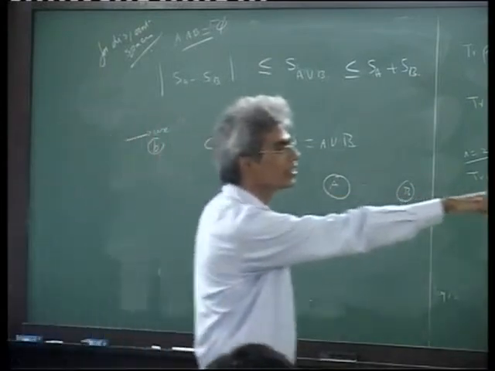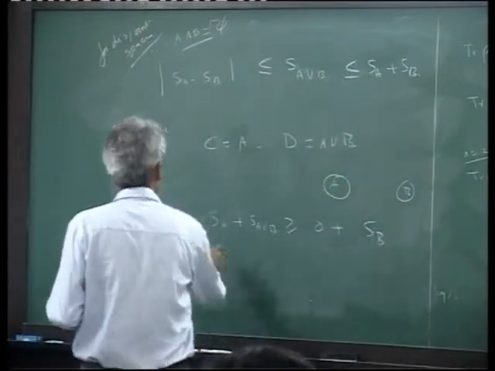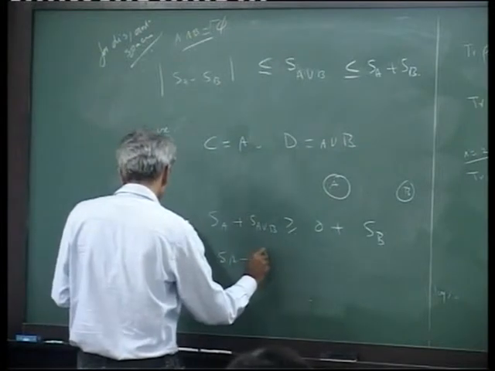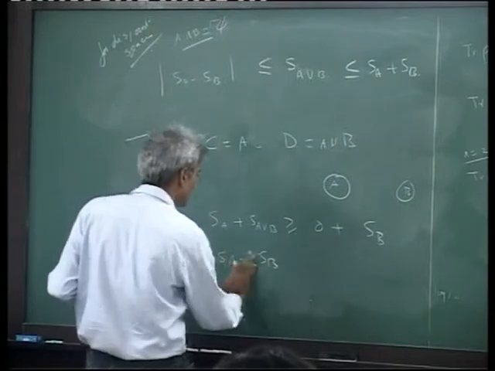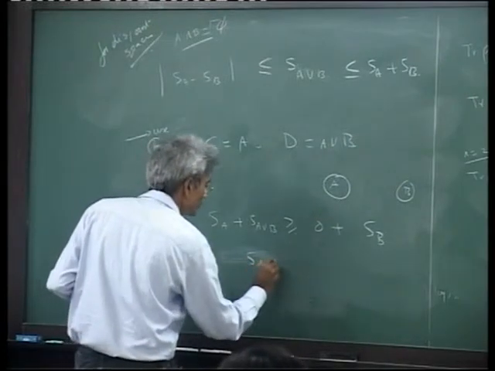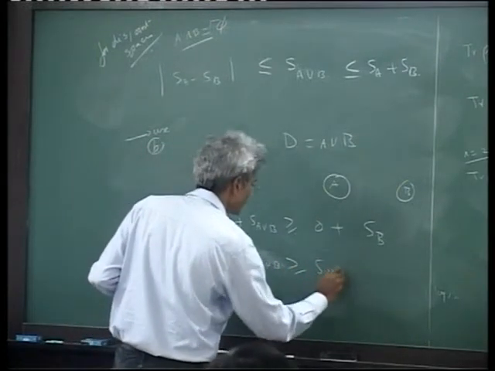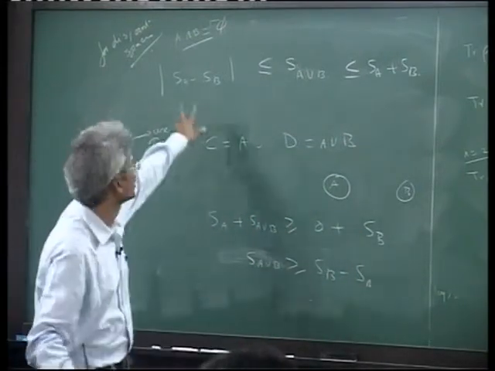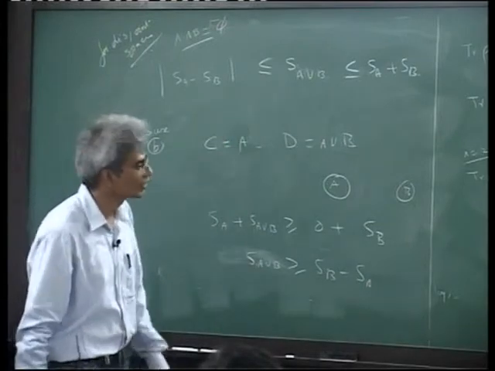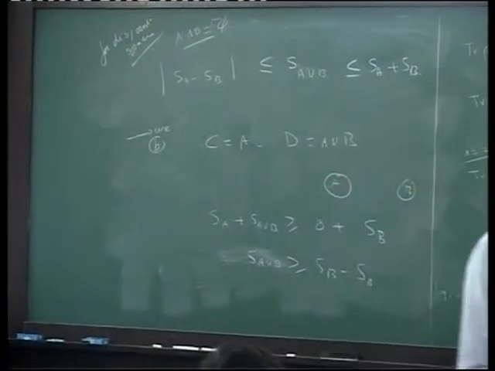So I'm doing the second one, therefore SA union B is greater than or equal to SB minus SA. Similarly, you can play again with this and you can get this. So that's the proof of the second.